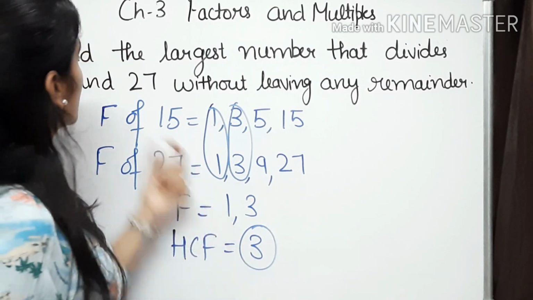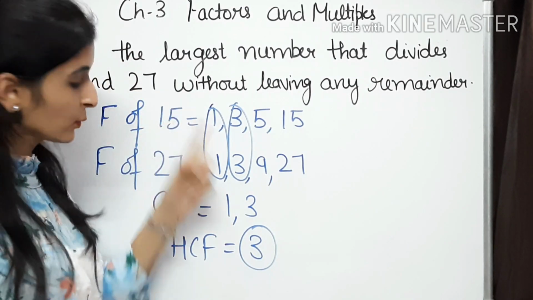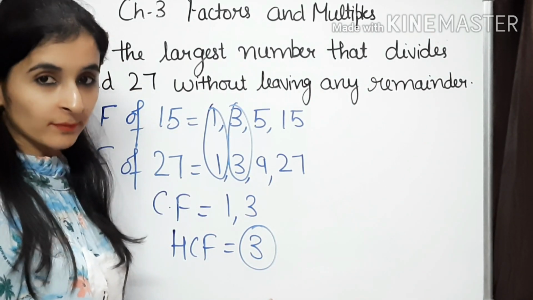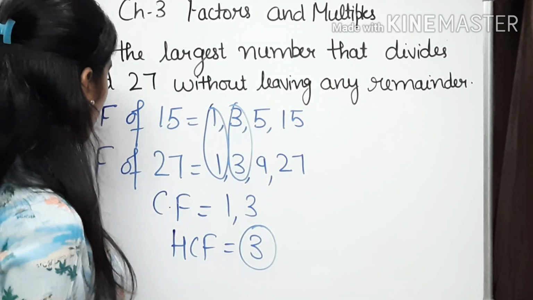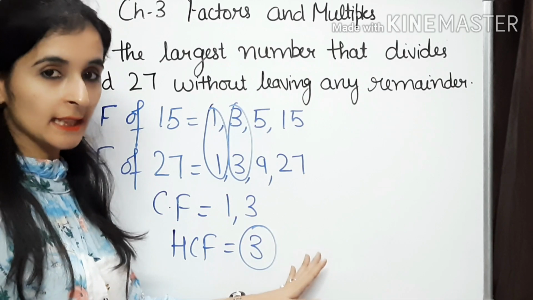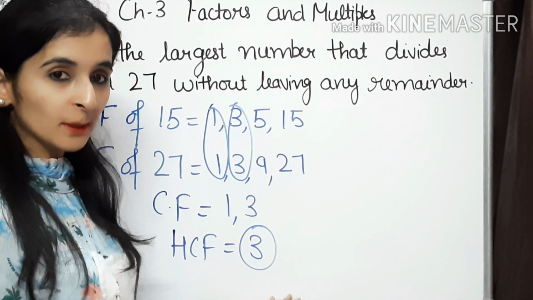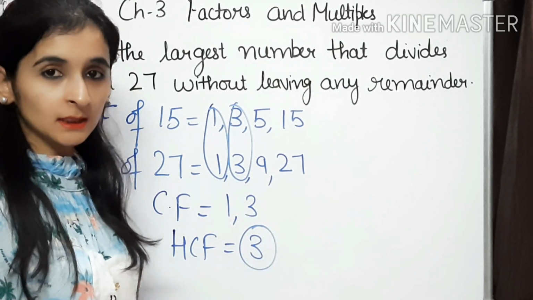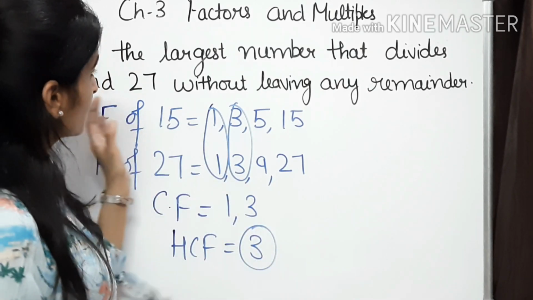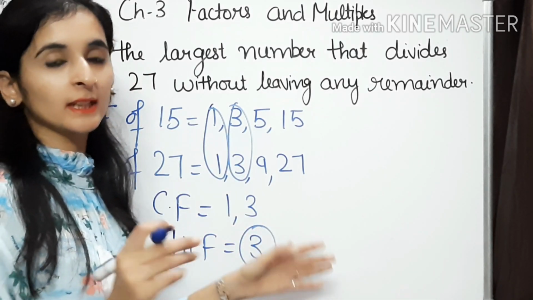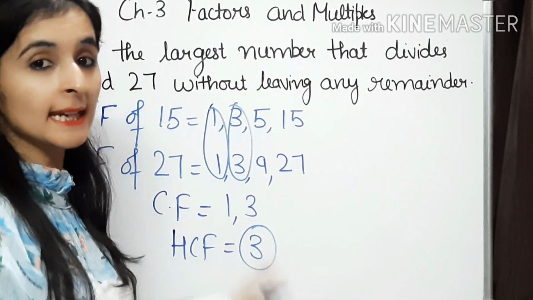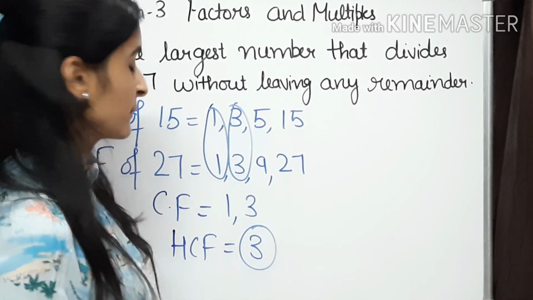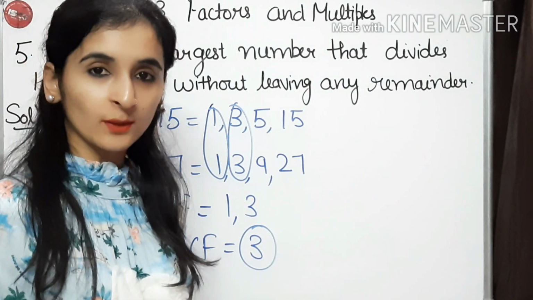It means the HCF of 15 and 27 is 3. Clear? This is the way we find the HCF by the common factor method. And if you are given questions where you have to find the largest number that divides the given numbers exactly, there you have to find the HCF.